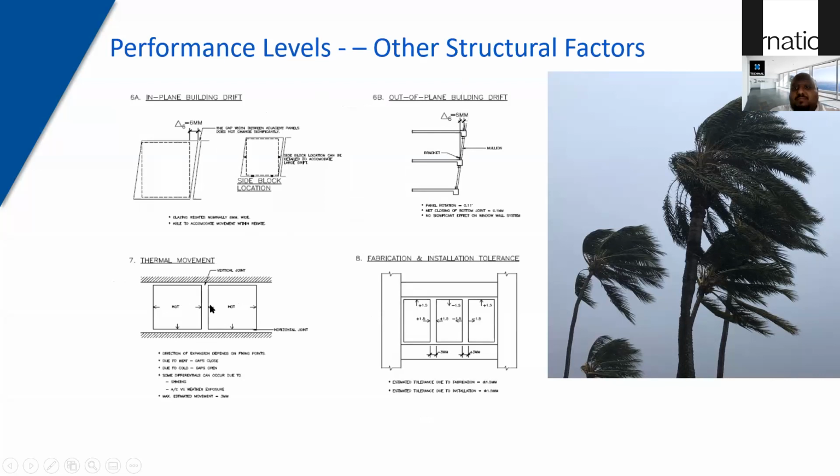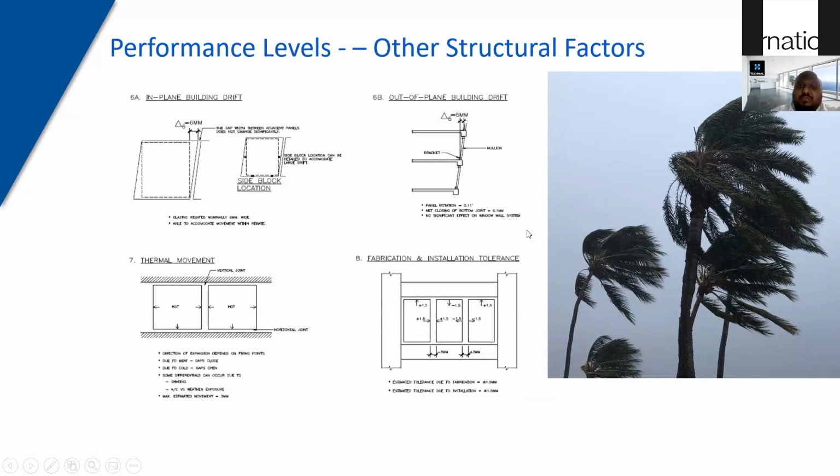Thermal movements, because the building, like a human being, is a thermally insulated structure. So it expands, it contracts. So you have to look at these kinds of thermal movements as well. And of course, you have the fabrication and installation tolerance, which is usually plus minus 1.5 mm. So you have to consider all these factors when you're choosing the curtain wall system, not only the basic weathering performances, but also these additional structural factors.